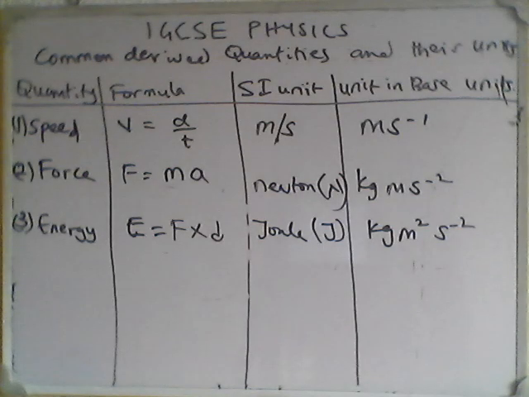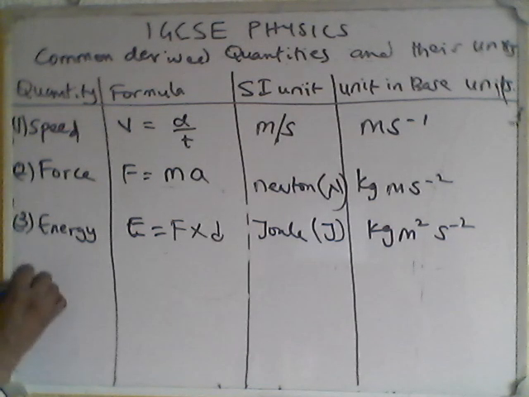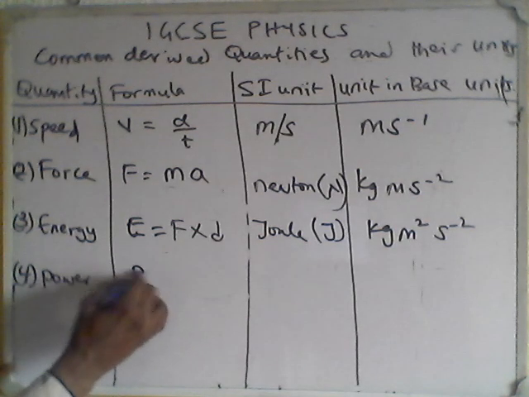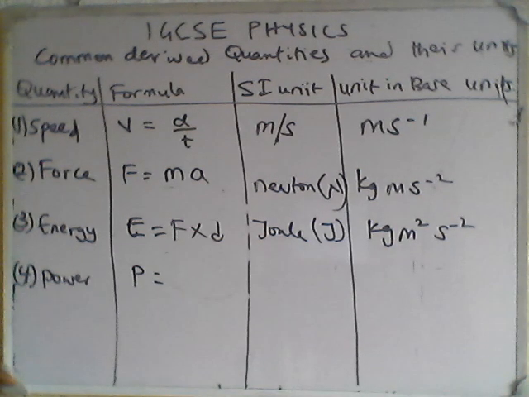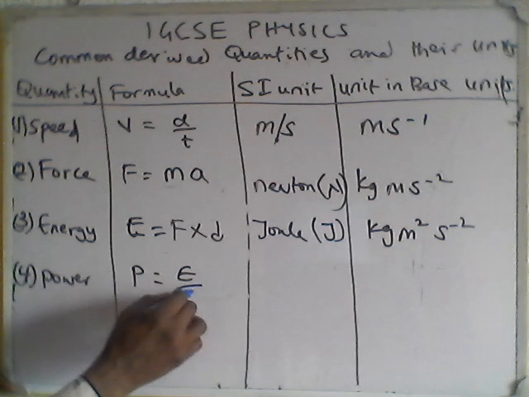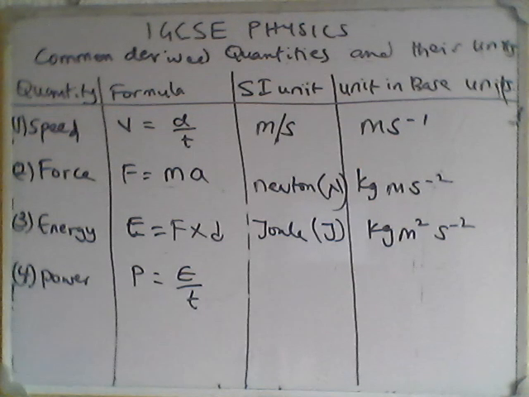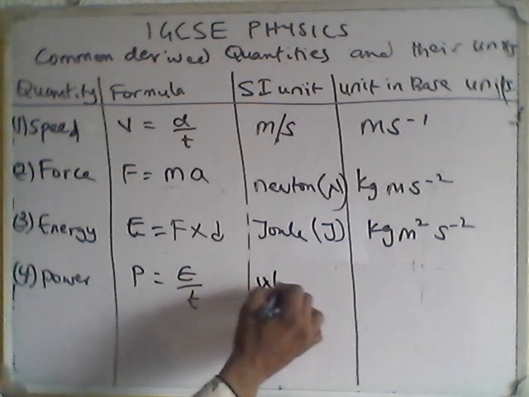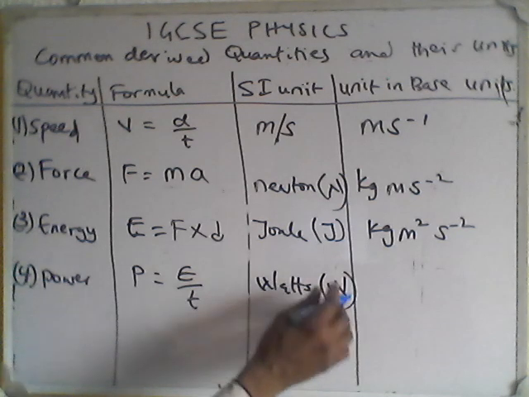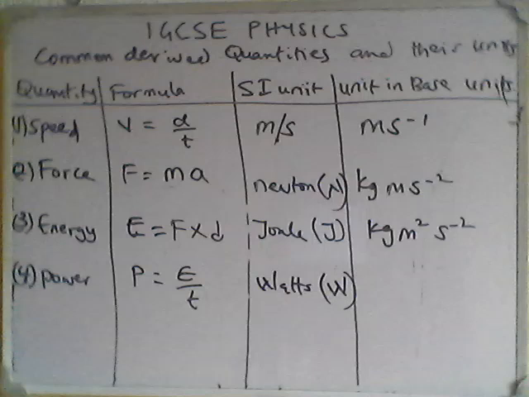Okay, so the fourth one is power. Power is another derived unit, and power is defined as the rate of work done, that is, energy per time. The SI unit is watts. Like I said, you can also have other units for watts: kilowatts, megawatts, milliwatts, and so on.